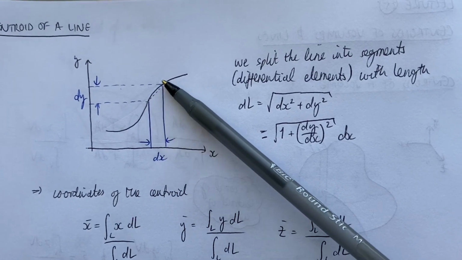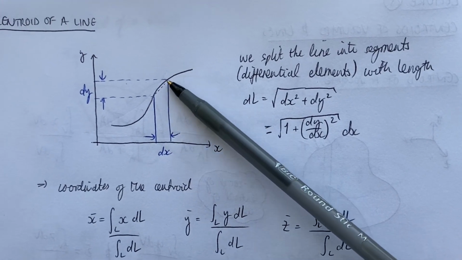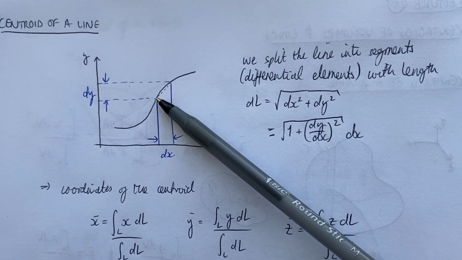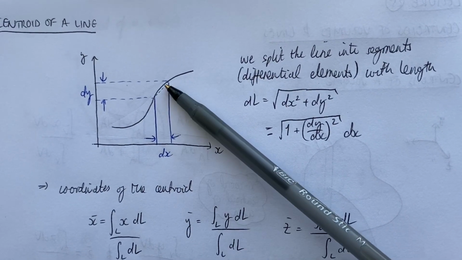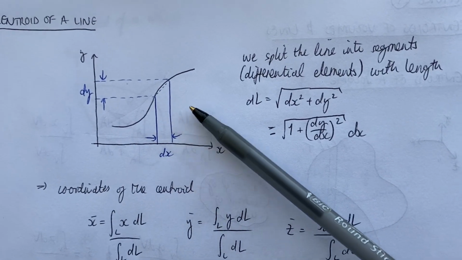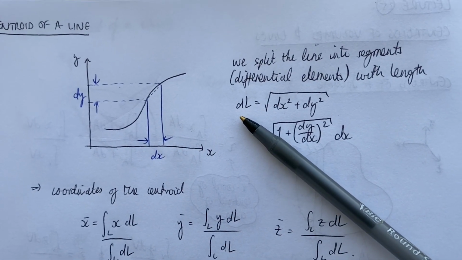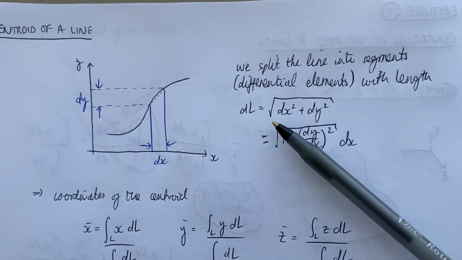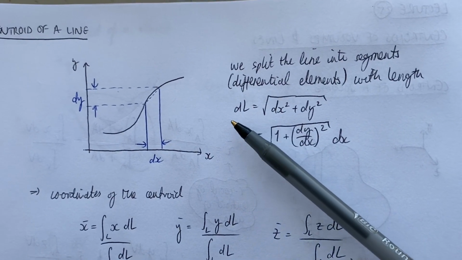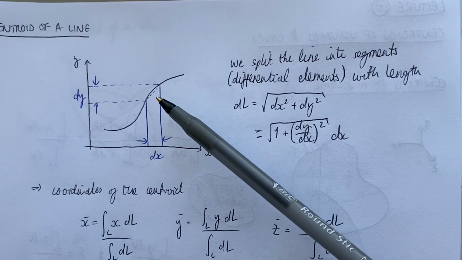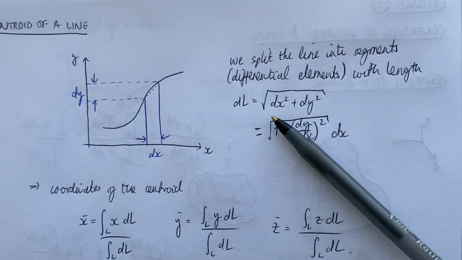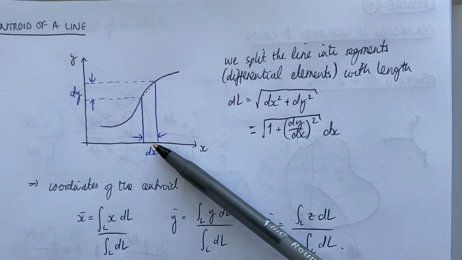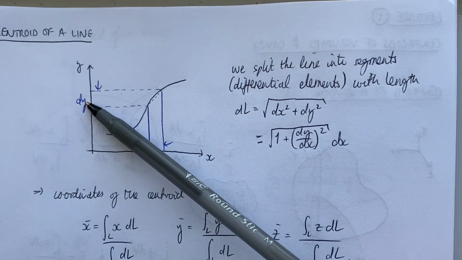So basically we're approximating this curve, in this case, with a straight line joining the two edges of the line segment. We can find the length of this differential element just using trigonometry, Pythagoras' theorem. We square root the squares of the sides of the triangle, so we square root the square of dx, the change in x, plus the square of the change in y.